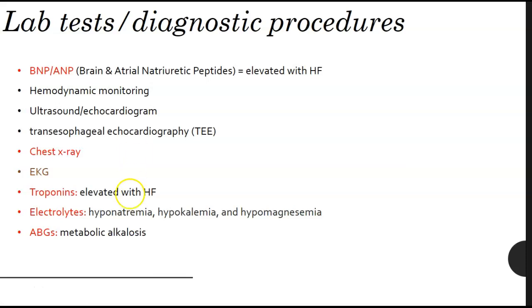Troponins are going to be elevated with heart failure. Electrolyte disorders: you'll sometimes see hyponatremia, hypokalemia, and hypomagnesemia. And ABGs, a lot of times these individuals will be in metabolic alkalosis.